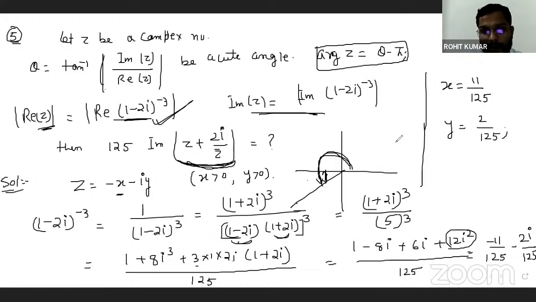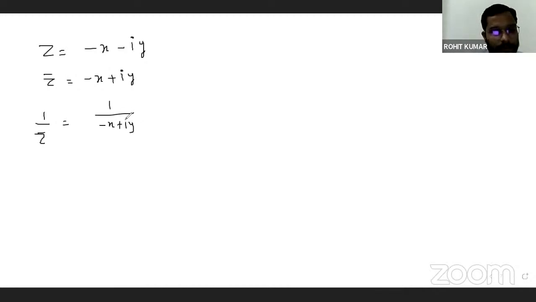Now, let's try to calculate 2i upon z bar. What was z? Z was minus x minus iy. What will be z bar? It is minus x plus iy. 1 by z bar, 1 by minus x plus iy. Rationalize this.